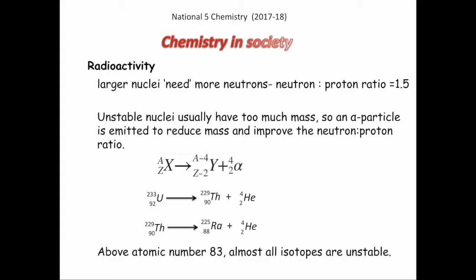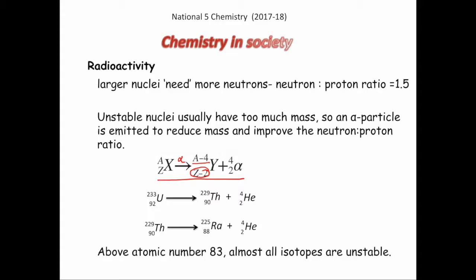So the general equation for alpha emission is that when alpha emission takes place from any element, the mass number of the element reduces by 4 and its atomic number reduces by 2. And an alpha particle with mass number 4 and atomic number 2 is released.